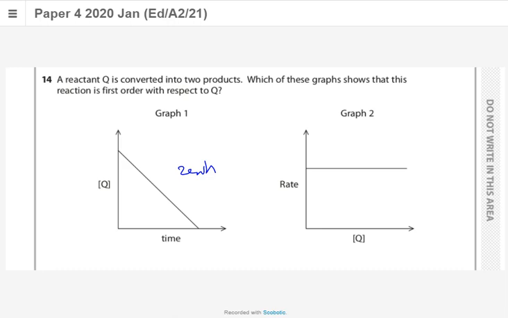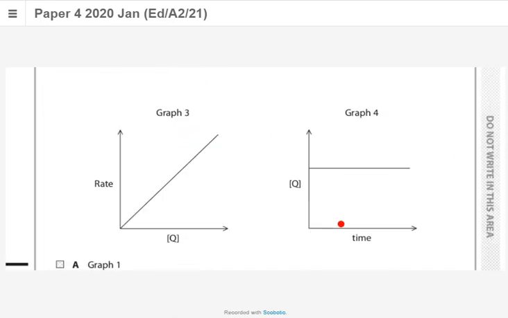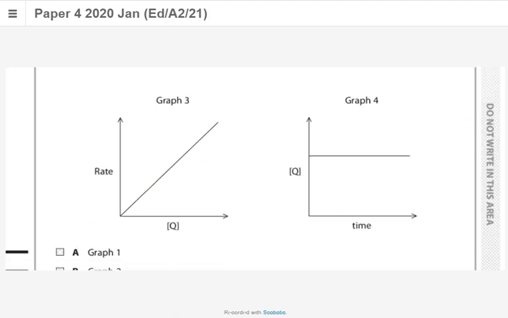Second one: the rate is constant with increase in concentration of Q. This is also zeroth order. The rate remains constant. This is the same graph as graph 1. Yeah. Now, the rate increases as the concentration increases. This is first order.